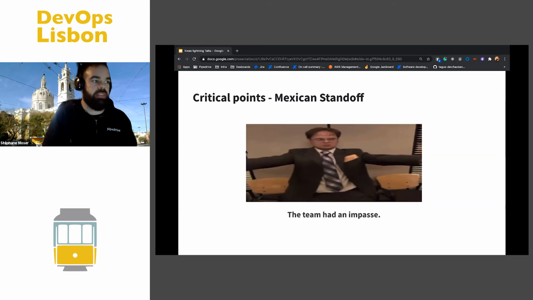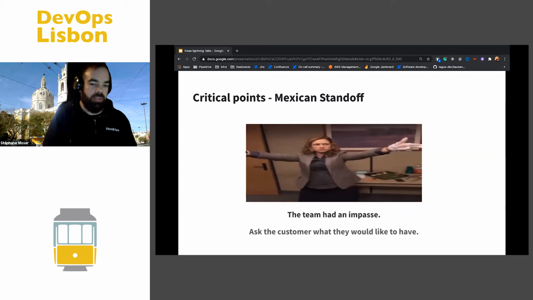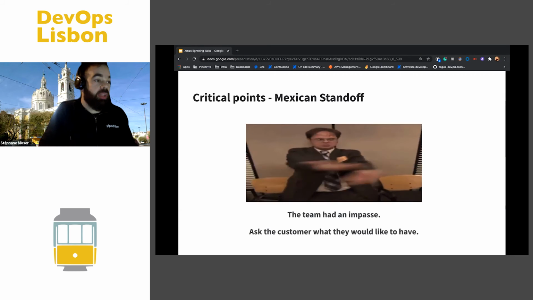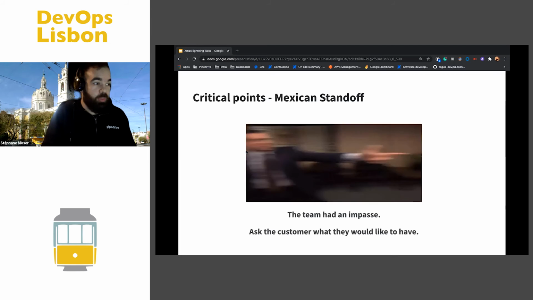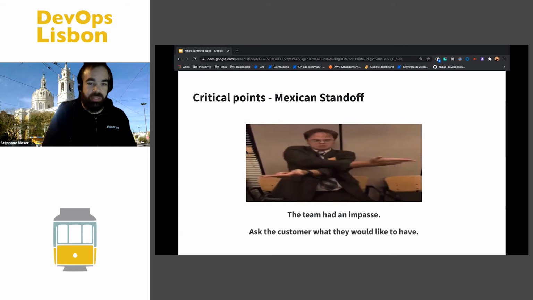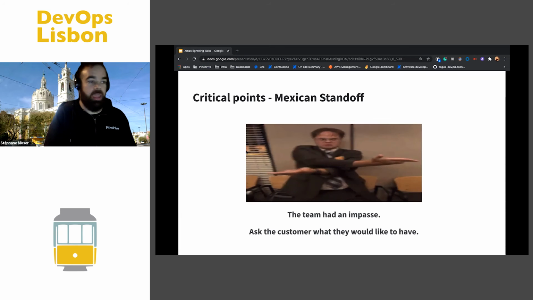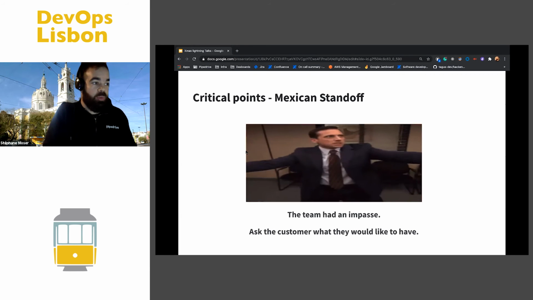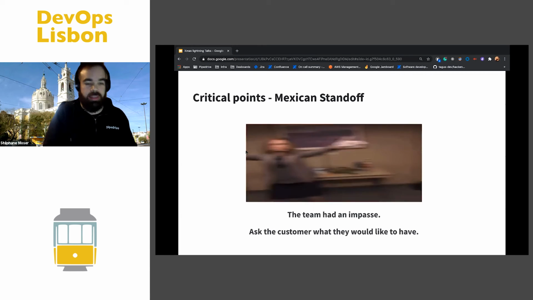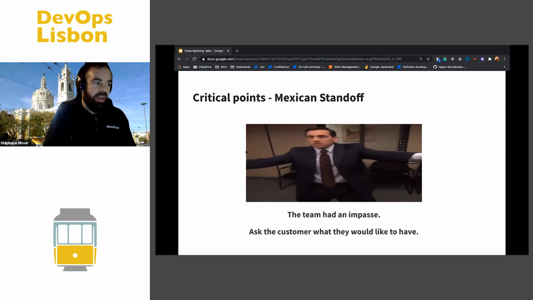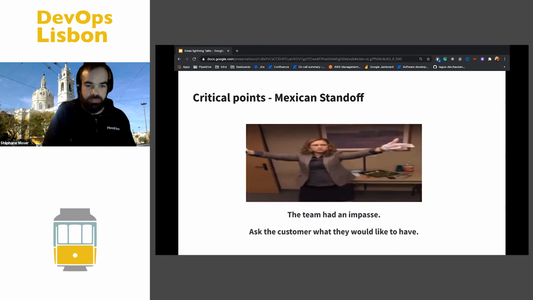And then we had a crazy idea. We asked the customer what they would like to have, and that was the way we ended that standoff. We brought the possible syntaxes we had and asked what is simpler for them to understand. That was the way we found the best solution.